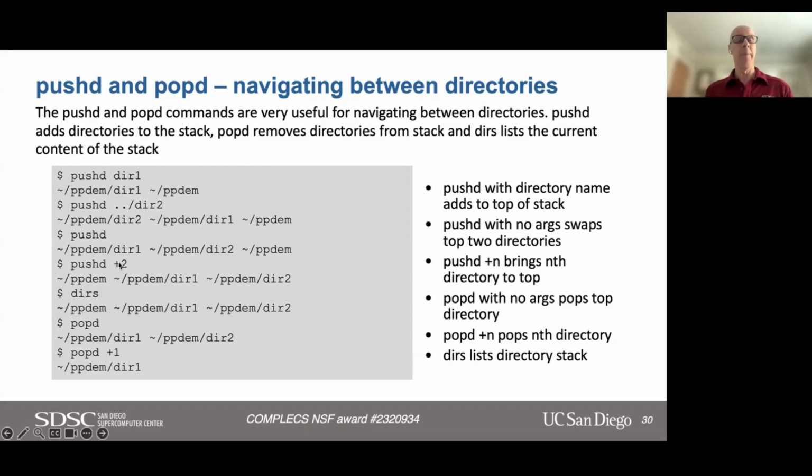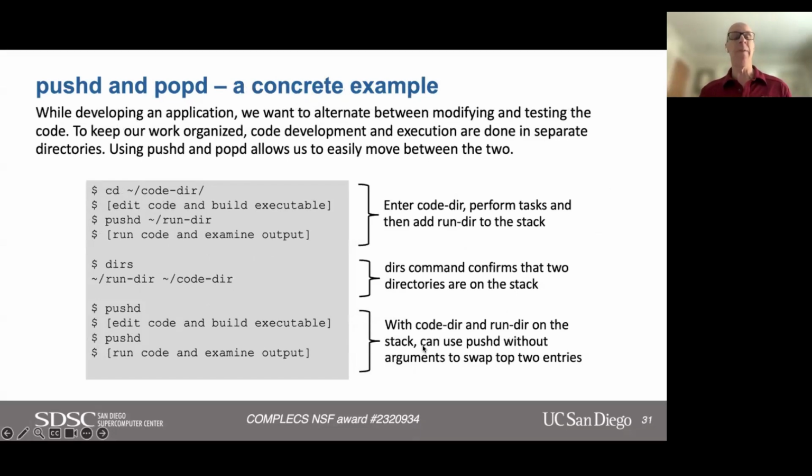If I do pushd plus followed by a number, it's going to take that directory on the stack, move it to the top. I could do dirs just to list the directories on the stack, popd to pop the top one off, and popd plus a number to pop off a particular directory. Again, they're very abstract, but I'll show a very concrete example where this is going to come in handy.